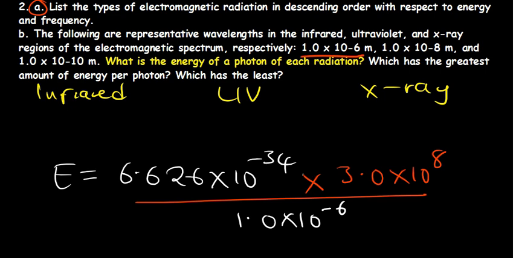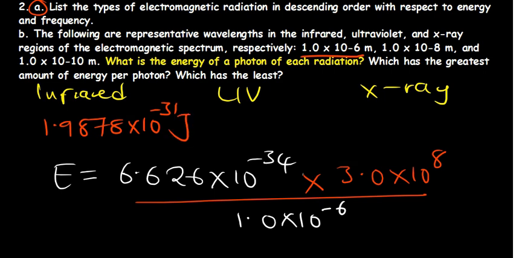Okay, and then after that we divide that now by 1 times 10 to the power negative 6. So 3 times 10 to the power 8, and then divided by 1 times 10 to the power negative 6. Okay, so the value I'm getting is 1.9878 times 10 to the power negative 19 joules.